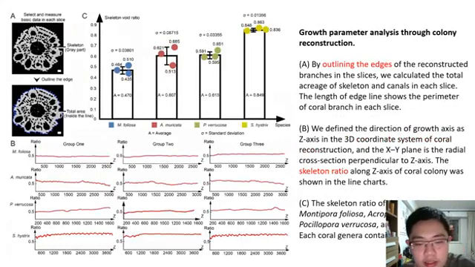The related growth parameters can be obtained by reconstructing and measuring the canals in each growth ring along the growth axis and performing cluster analysis to infer the light conditions received by the colony when this part of the skeleton was formed.